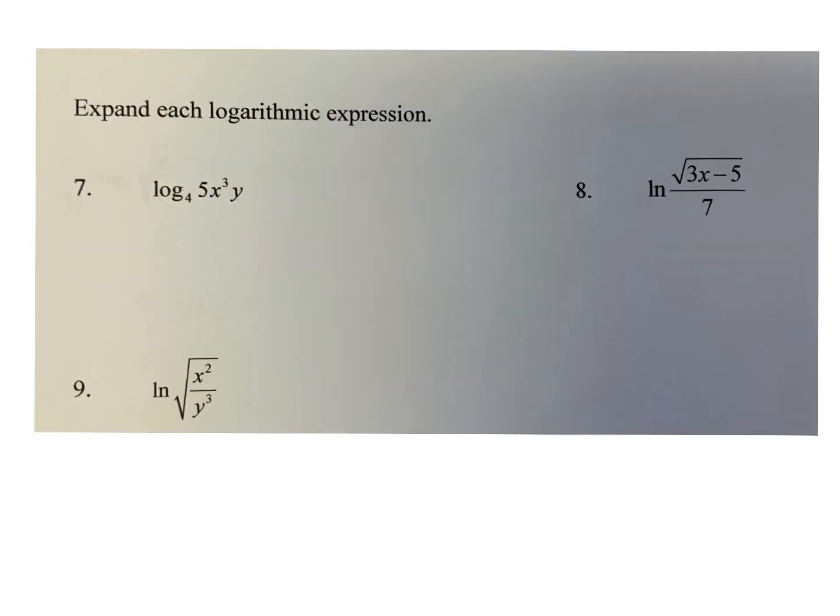Okay, so now we're going to use these to expand what we were given. So that means instead of having 1 logarithm, I'm going to have lots of logarithms. They are all going to have a log base 4. So this whole thing right here is being multiplied, so you're going to add log base 4 of 5 plus log base 4 of x cubed plus log base 4 of y.